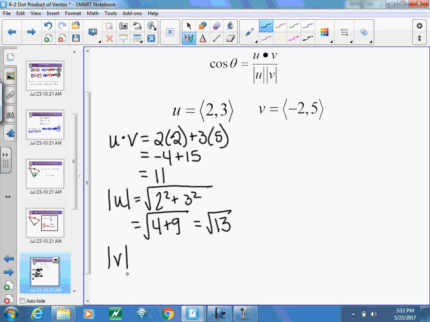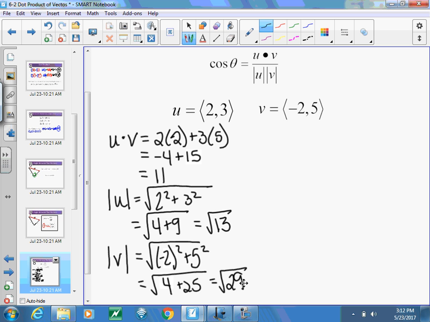Magnitude of vector v. We're going to take the square root of negative 2 squared plus 5 squared. Negative 2 squared is 4, and 5 squared is 25, and so now I get the square root of 29.